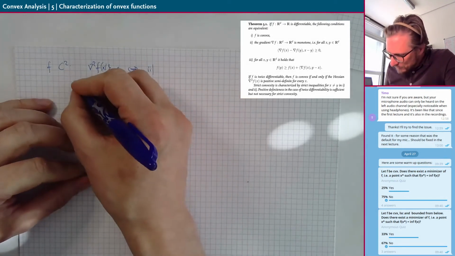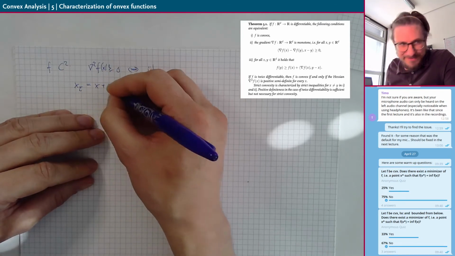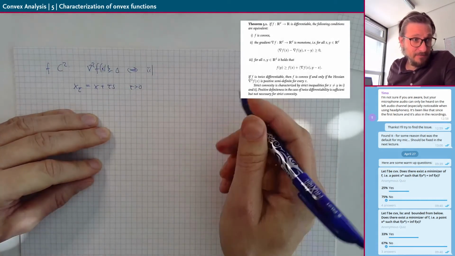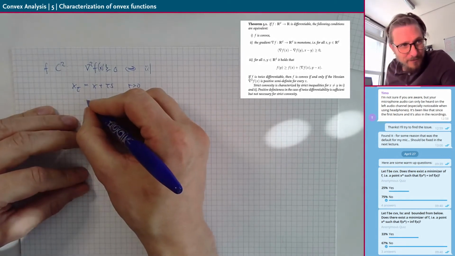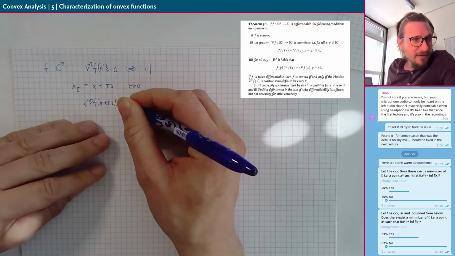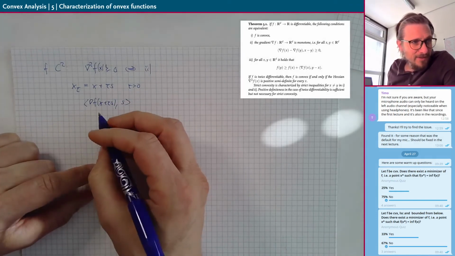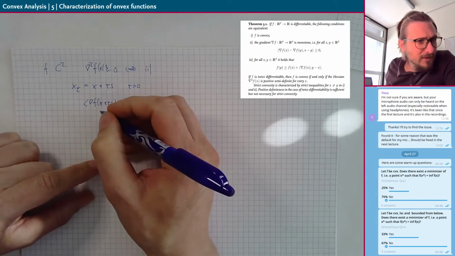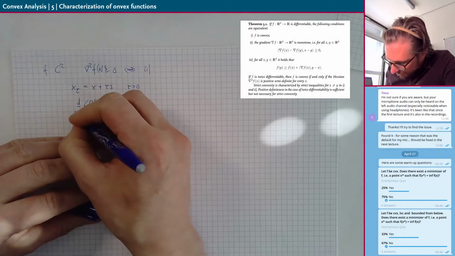Okay, what we do is we take x_tau equal to x plus tau times s for some tau positive and some x and s. Then we take the gradient of f at x plus tau times s in a product with s, and we take the derivative with respect to tau.